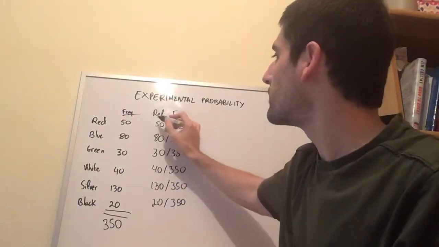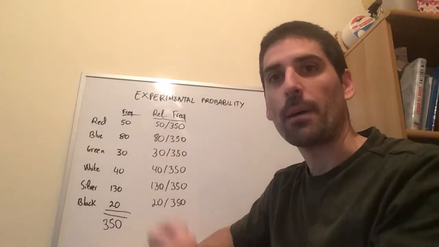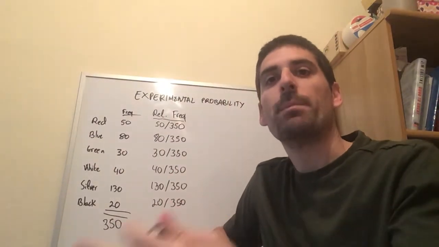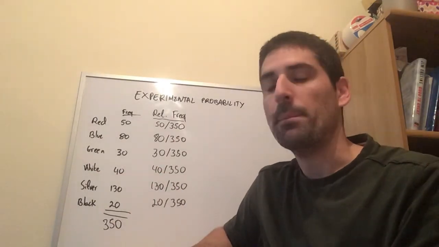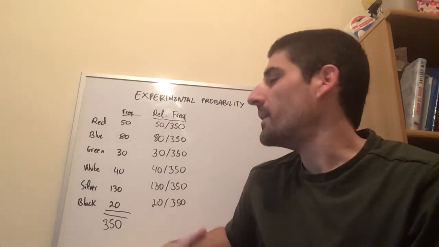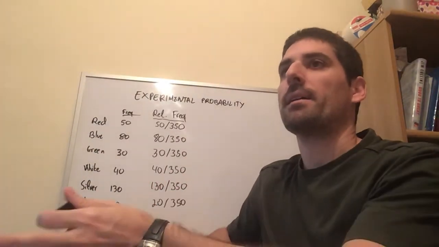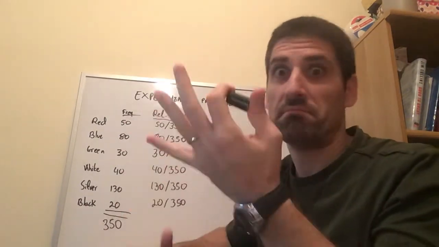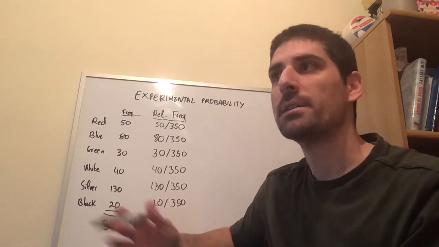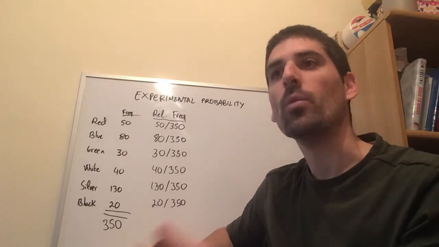So once I've got my relative frequencies, I've calculated the probability of any particular car passing by my door being a certain color. So typically this would be the first part of the question that you need to do, the first bit of the calculation. And then usually there's a follow-on, and it would say something like: Gemma is sitting outside a bar, and if 200 cars pass by the bar, how many cars would she expect to be white?